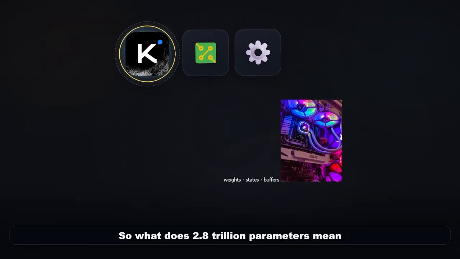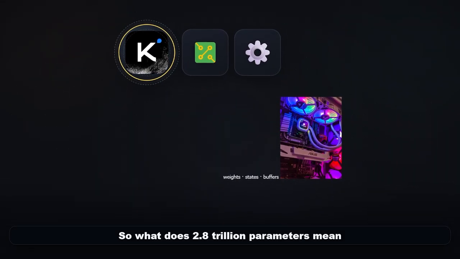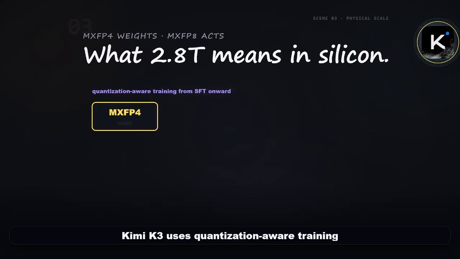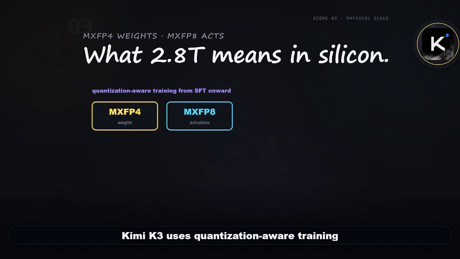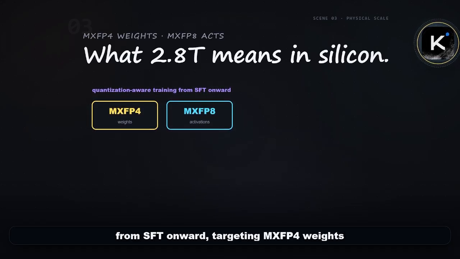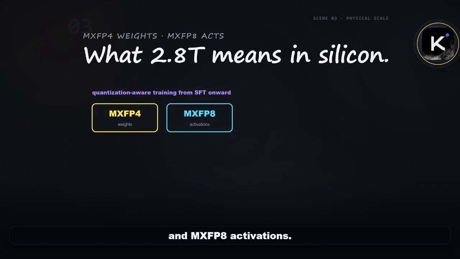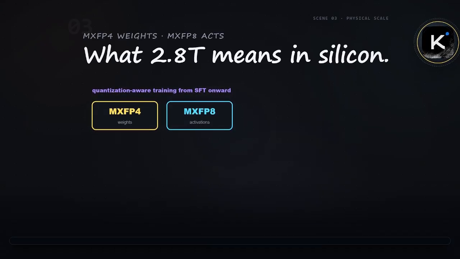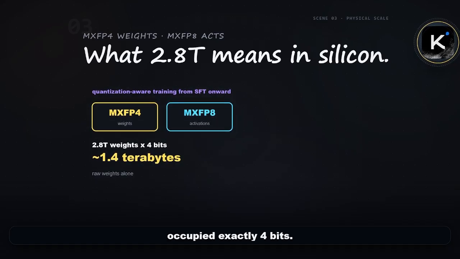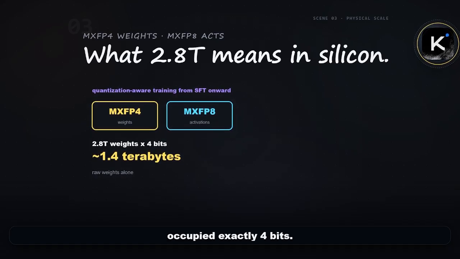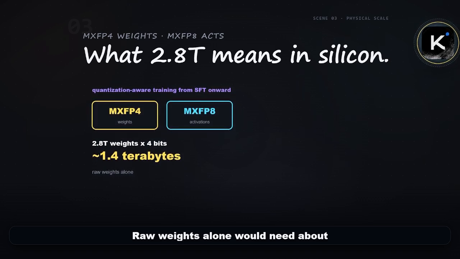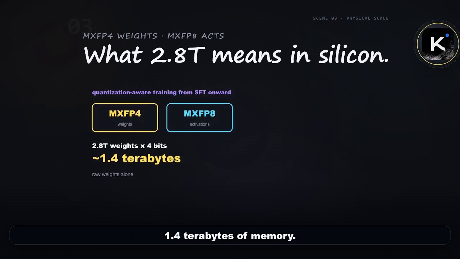So what does 2.8 trillion parameters mean in physical hardware? Kimi K3 uses quantization-aware training from the supervised fine-tuning stage onward, targeting MXFP4 weights and MXFP8 activations. To understand the scale, suppose each of the 2.8 trillion weights occupied exactly 4 bits. The raw weights alone would require about 1.4 terabytes of memory.